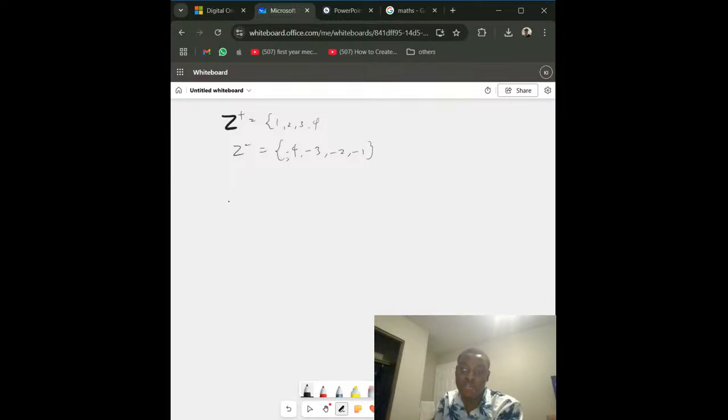You should also have your set of natural numbers, which you guys should know as well. It's just one, two, three, four, five. You have your set of rational numbers, basically one integer divided by the second integer. You have your set of real numbers, right? Real numbers are numbers that you could actually visualize on a real number line.